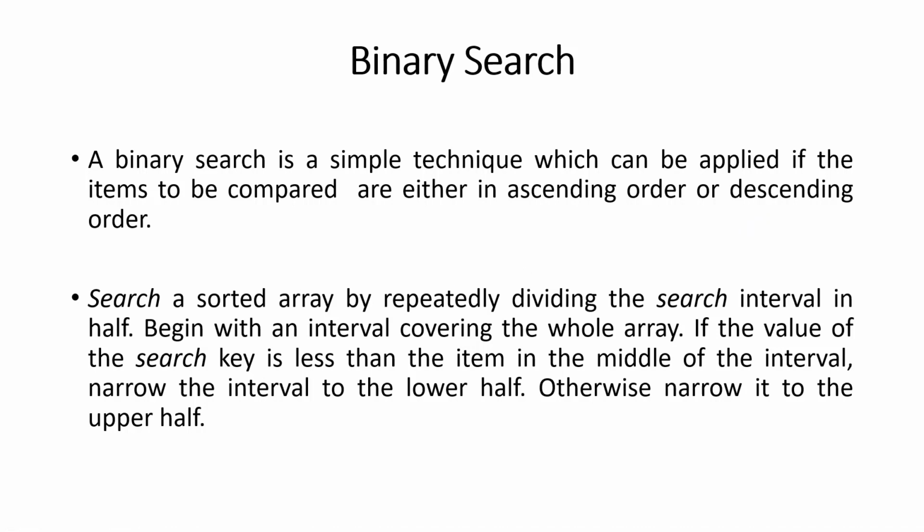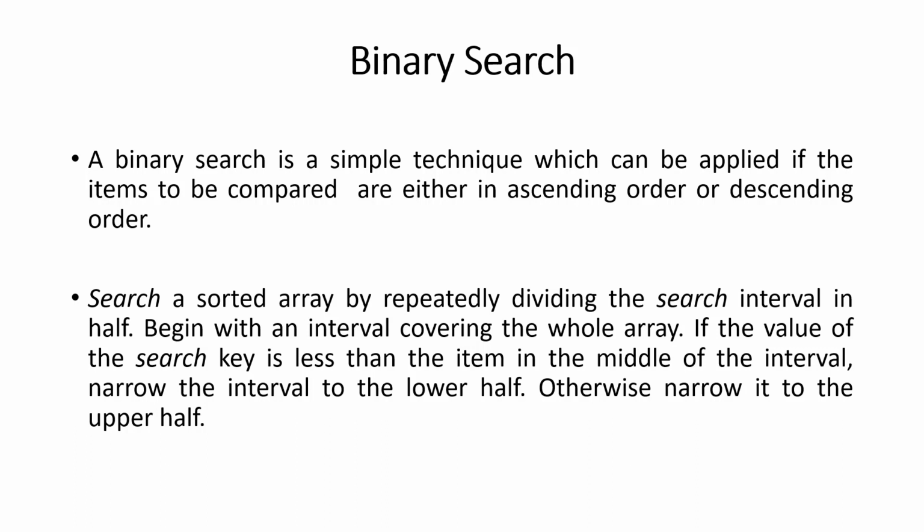The general idea used in binary search is similar to the way we search for a person's telephone number in a telephone directory. Obviously, we do not use a linear search here, because the telephone directory is in sorted order.